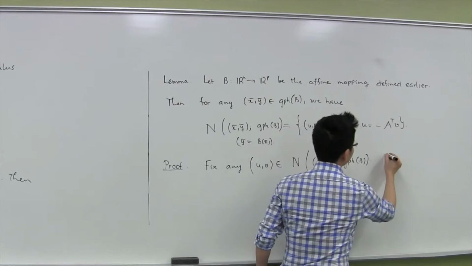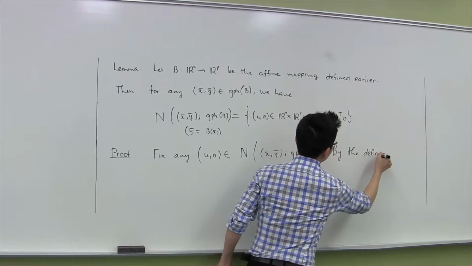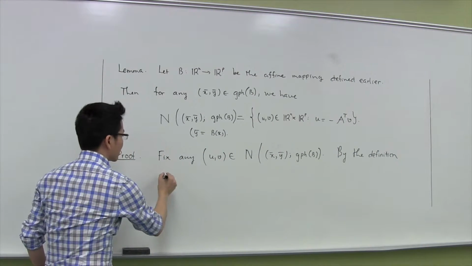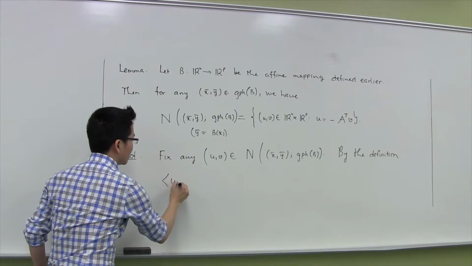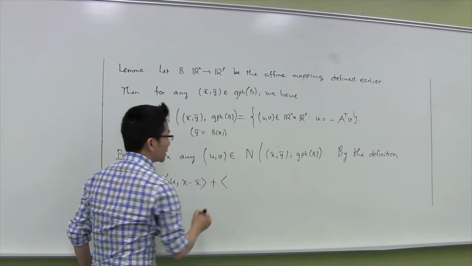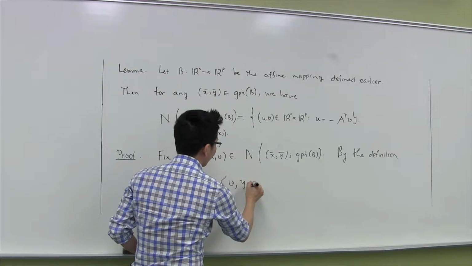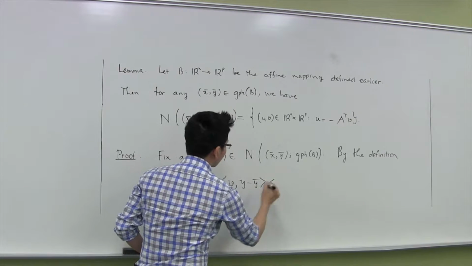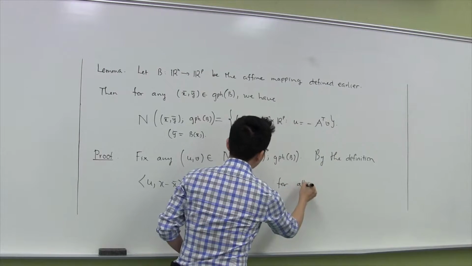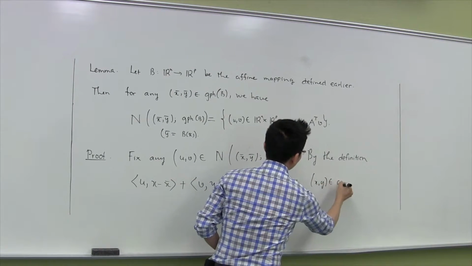By the definition, the inner product of u and x minus x bar plus the inner product of v and y minus y bar is always less than or equal to 0 for all x and y in the graph of B.